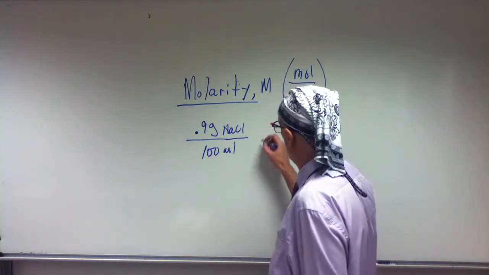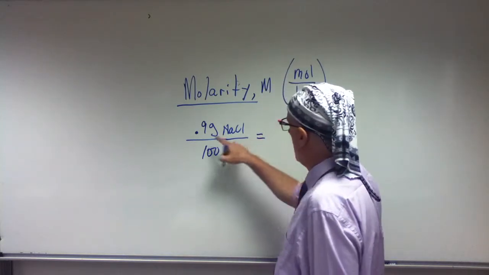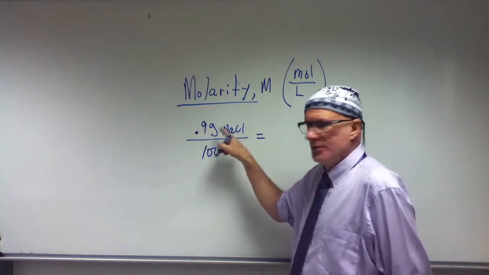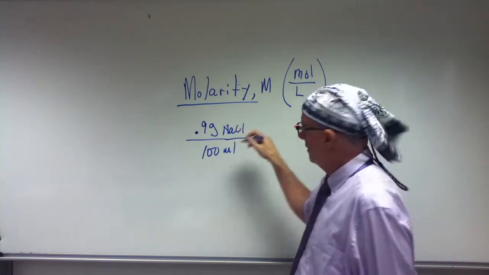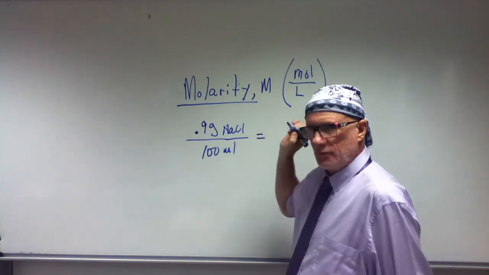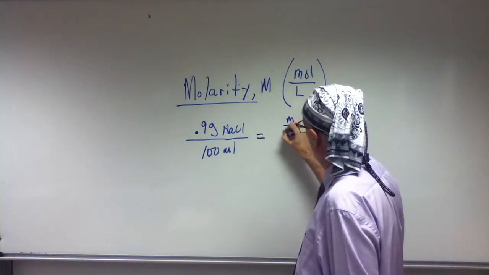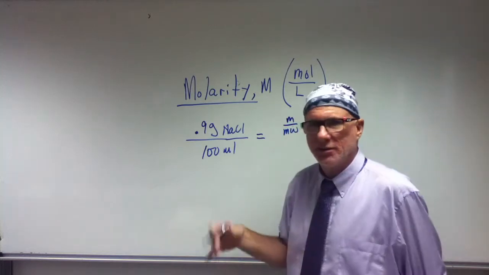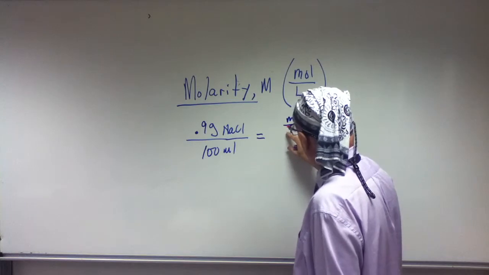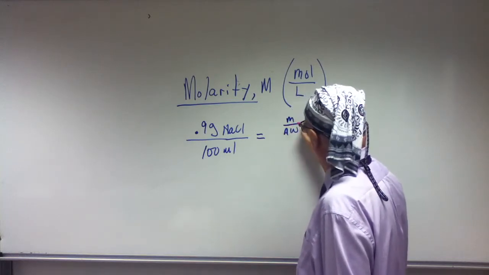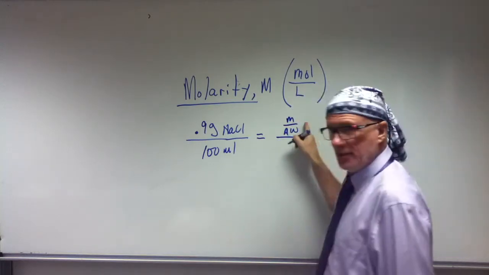So you're going to do what? How do you change that to moles? Isn't it going to be mass over molecular weight, mass over atomic weight, whatever? You want to say atomic because it's not a molecule? Okay. You can't miss with atomic. Mass over atomic weight, isn't that going to be moles?